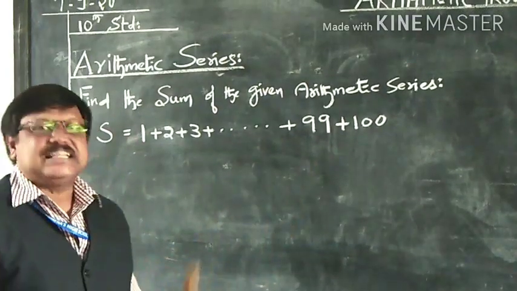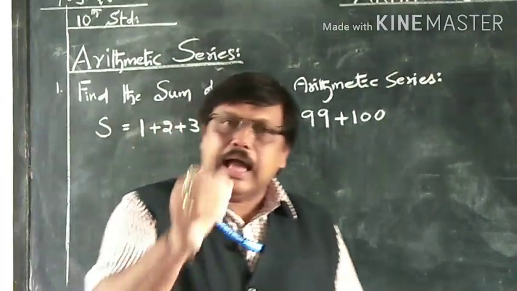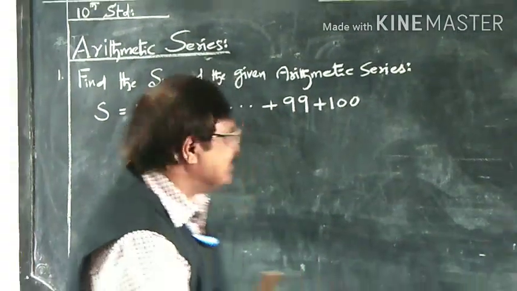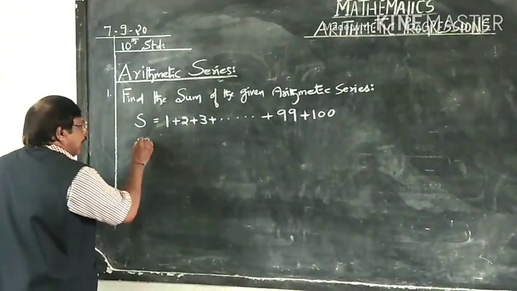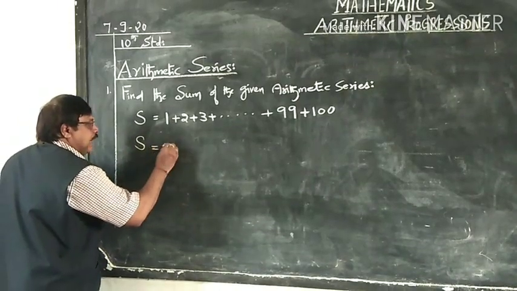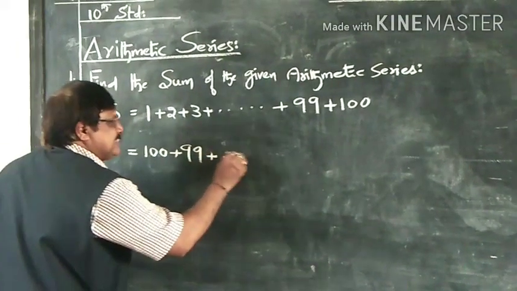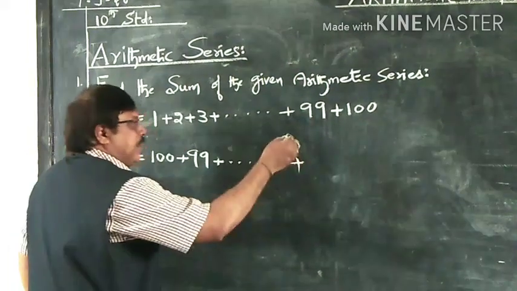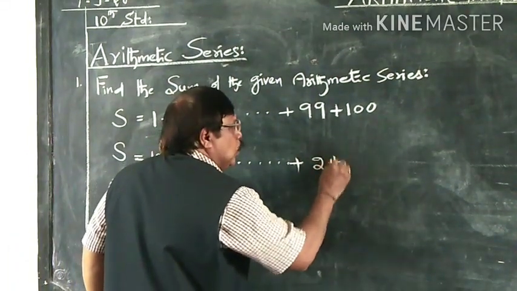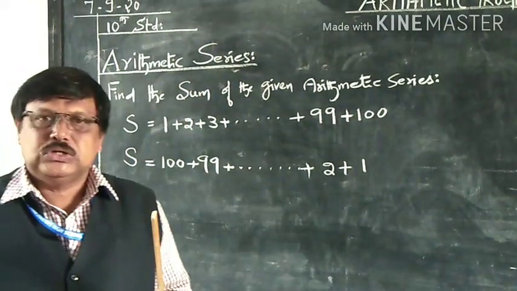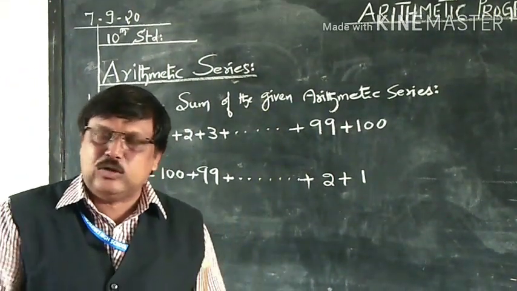I am going to write this in reverse order. S is equal to 100 plus 99 plus and so on plus 2 plus 1. Just to add these two, you see what happens next. Can you guess that?